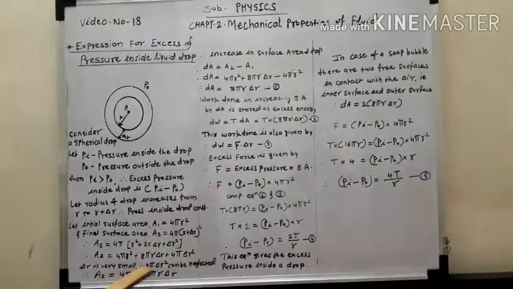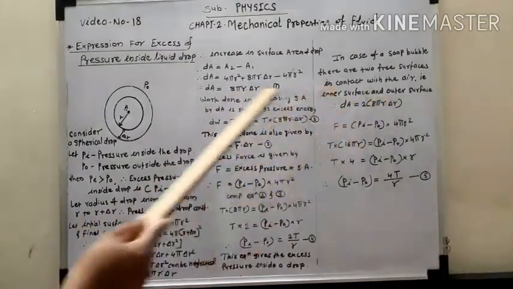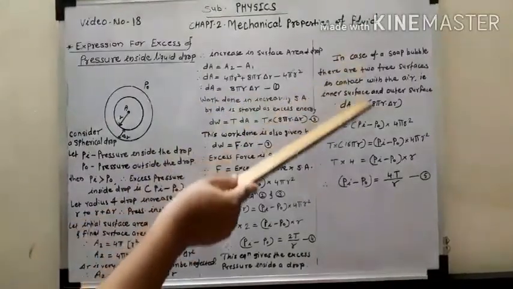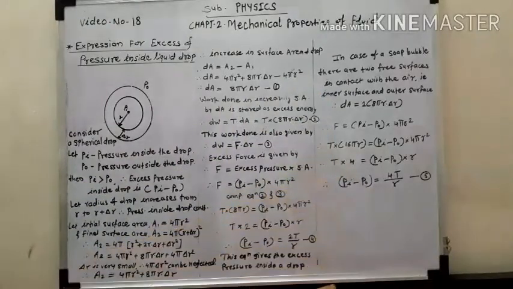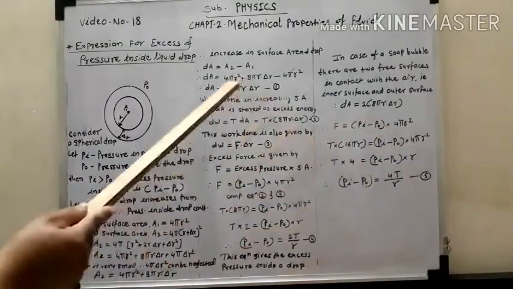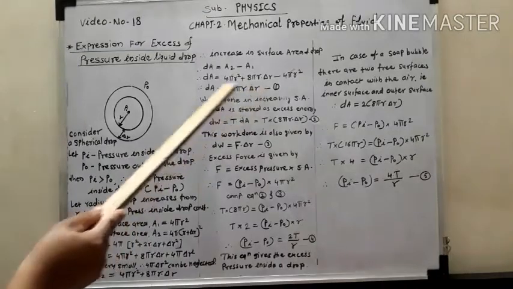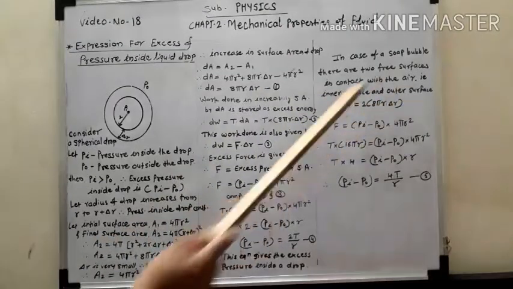Instead of dA equal to 8 pi r into del r, we write dA is equal to 2 into 8 pi r into del r.